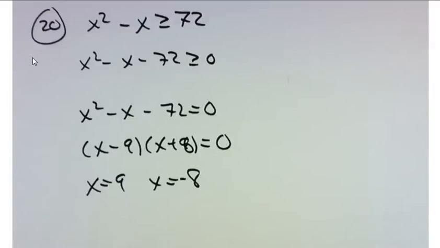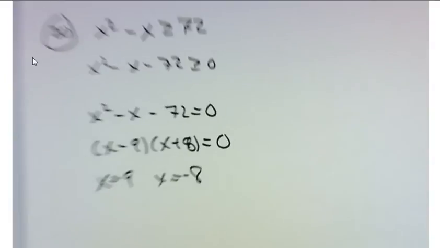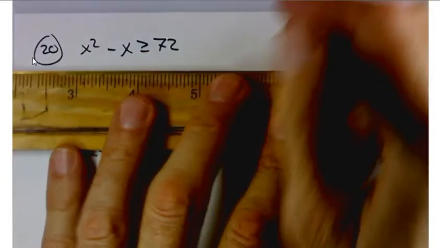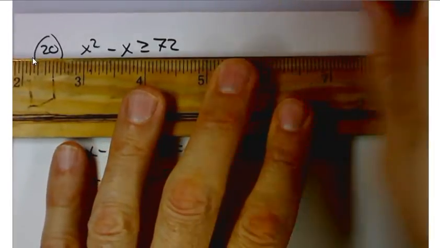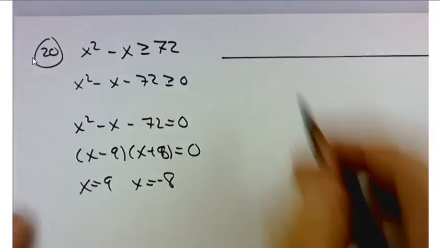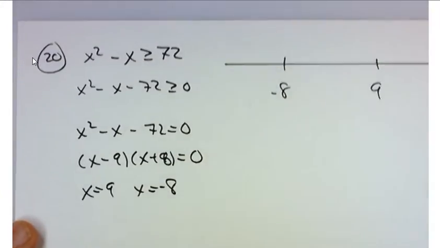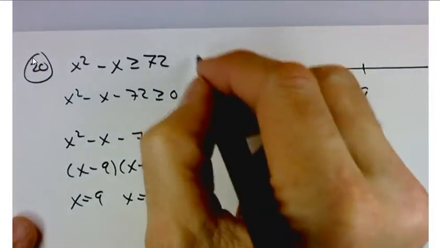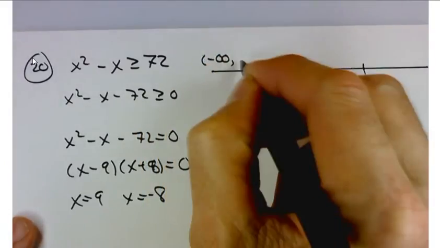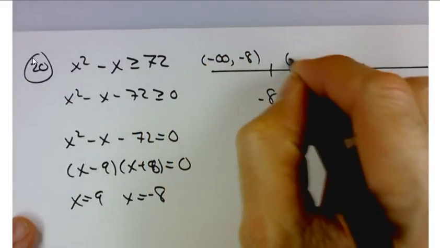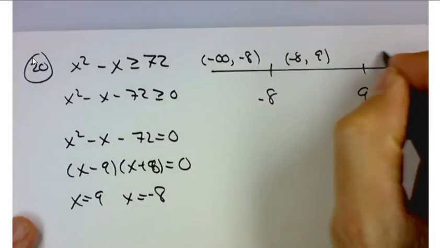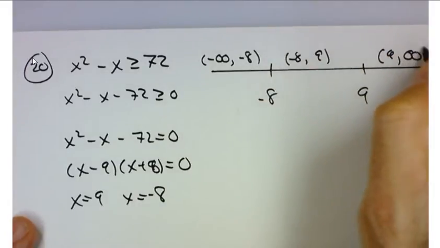Let's put those on a number line. So negative 8 and 9. That gives me intervals from negative infinity to negative 8, negative 8 to 9, and 9 to infinity.